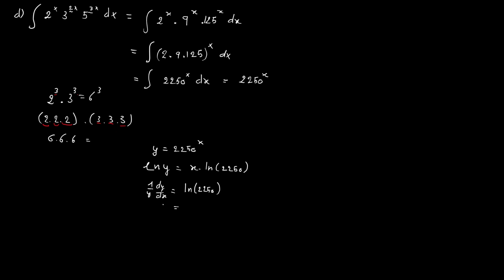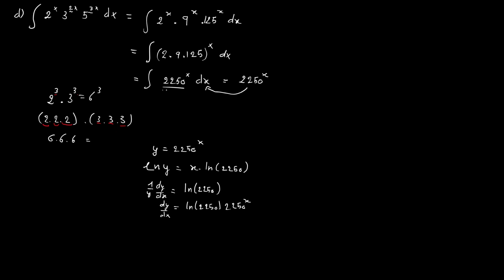So our derivative dy/dx is equal to the ln of 2250 times 2250 raised to the power of x. Great, so this is what we would get if we were just going this way.